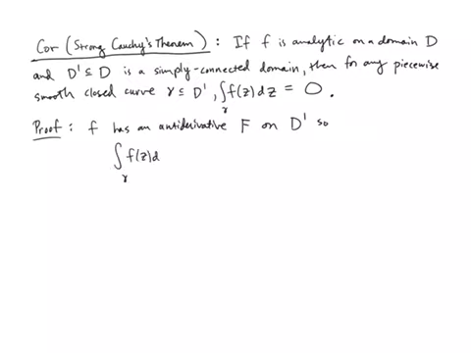And in fact, it follows that f is identically 0 in all of D. And well, so why is that the case? Turns out it's actually a little bit complicated.